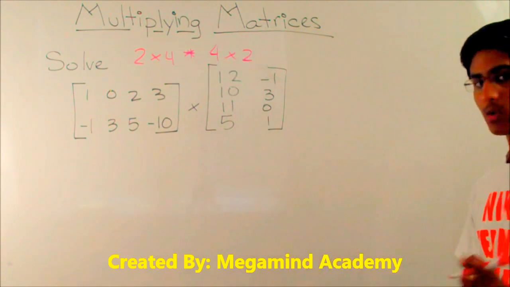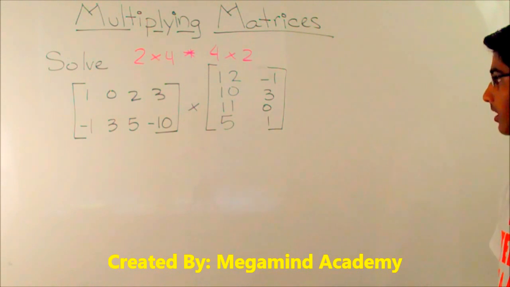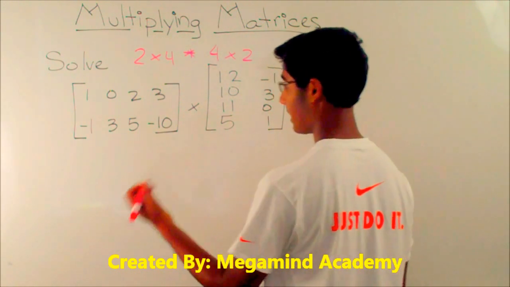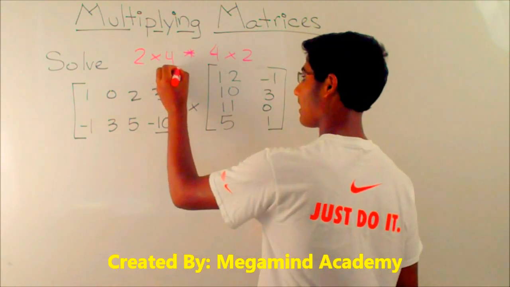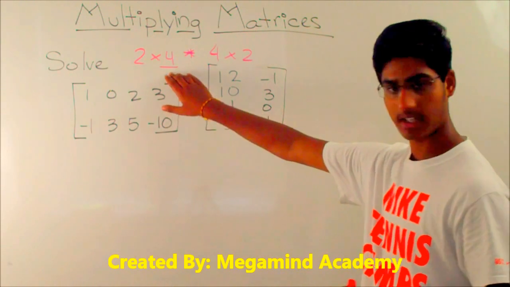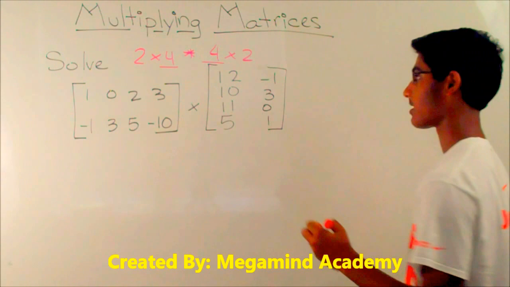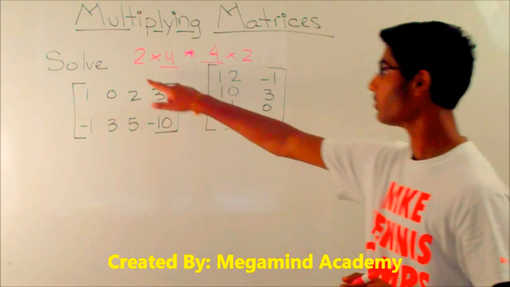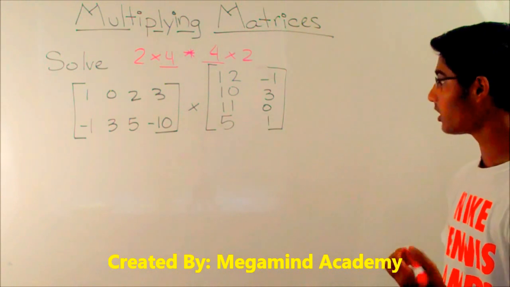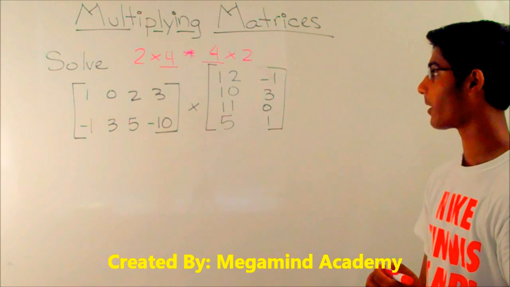There's one specific rule for when we can multiply matrices and when we can't. We can only multiply matrices when the last dimension of the first matrix is the same as the first dimension of the second matrix. So if it's 2 by 4, then the next matrix has to start with 4.